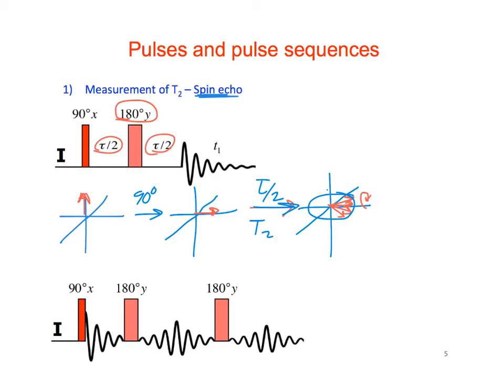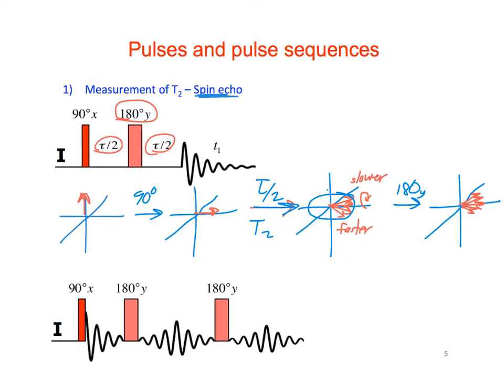Okay, and what happens here is we have some of these over here that are faster and some of them over here that are slower. And when we do this 180y, they rotate around that y-axis.